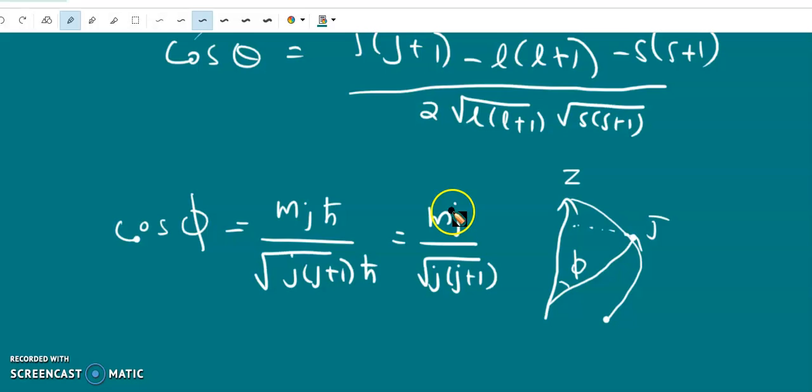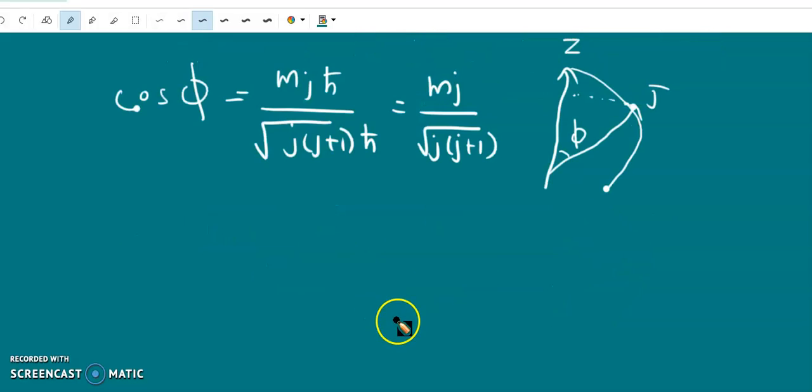So mj യുടെ maximum value നമുക്കറിയാം j ആണ്. Minus j to plus j ആണ്. J യുടെ value വരുന്നതിൽ maximum value j ആണ്. അപ്പോൾ ന്യൂമറേറ്റർ എന്ന് പറയുന്നത് ഡിനോമിനേറ്ററിനേക്കാളും കുറവാണ്. ഡിനോമിനേറ്റർ എന്ന് പറയുന്നത് root of j into j plus 1 ആണ്. ന്യൂമറേറ്റർ maximum വരിക j എന്ന് പറഞ്ഞാൽ root of j square ആണ് വരുന്നത്. പക്ഷെ ഡിനോമിനേറ്റർ അതിനേക്കാളും കൂടുതലാണ്.